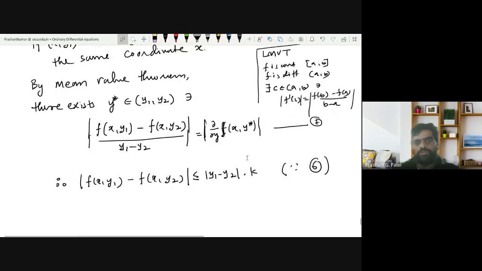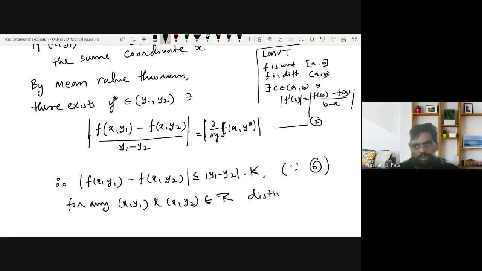So in particular this quantity is bounded by k, and this is true for any (x,y1) and (x,y2) in R. And these are distinct points that do not lie on the same vertical line.